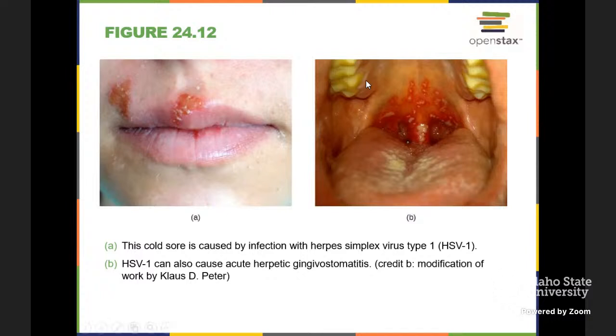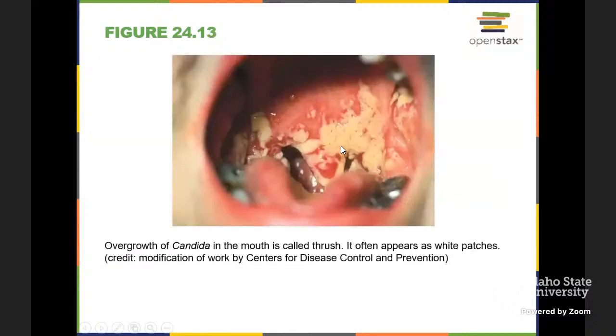Viral stuff are herpes simplex, we could see on the face, but we can also see in the mouth potentially. So this is acute herpetic gingivostomatitis. In the back. Looks like maybe a little something going on the tongue as well. Maybe this. Thrush is another way that Candida albicans may manifest.